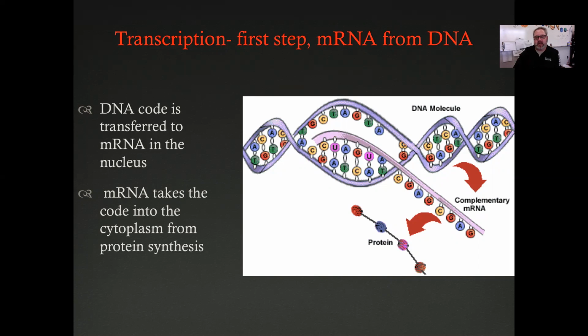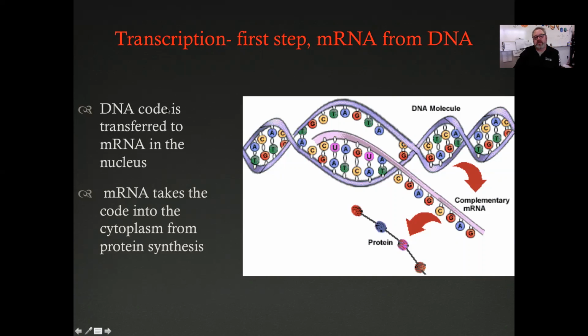That way the doctor doesn't have to spend time typing things in a medical record. So that's what transcription is. It's basically a complementary copy, mRNA, that gets made from the original DNA strand.